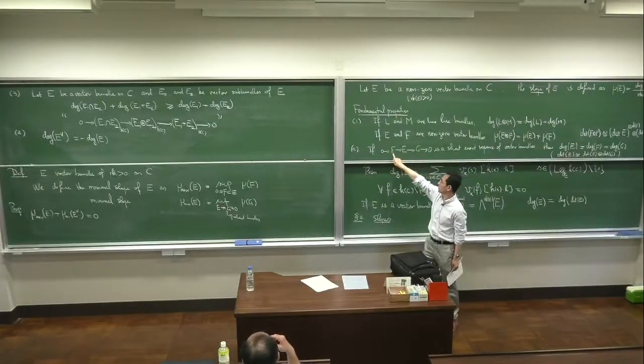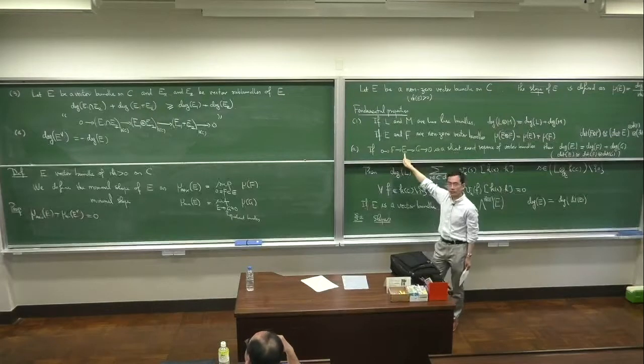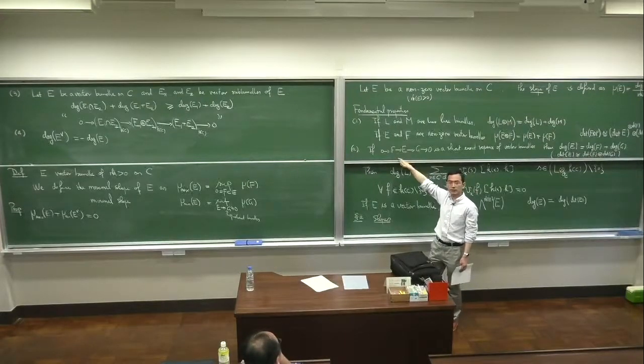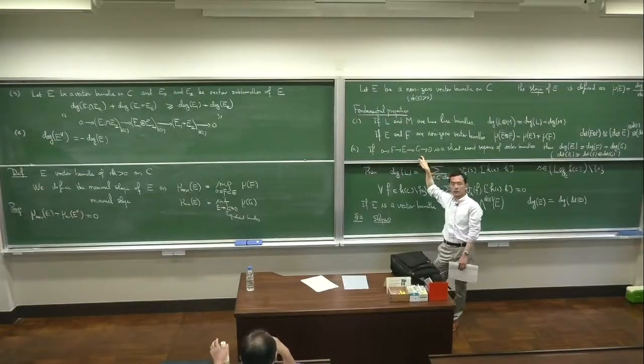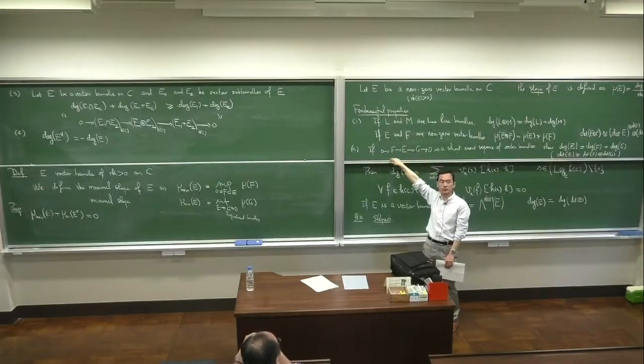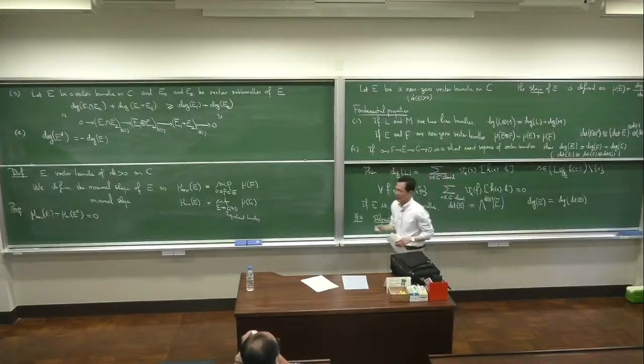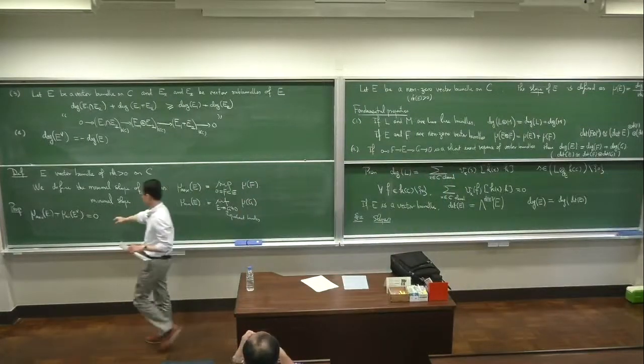So the point is that if you have some vector subbundle of E, by quotient you obtain some quotient vector bundle. Then you can recover the degree of E as the sum of this one and this one. And conversely, if you have some quotient bundle, then the kernel gives you this subbundle. That is very important.